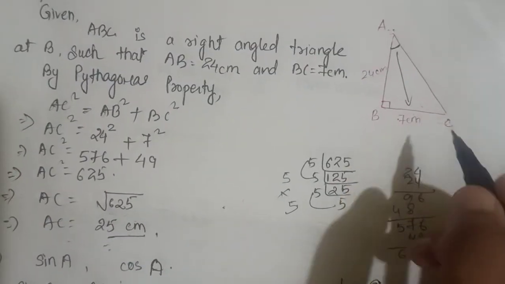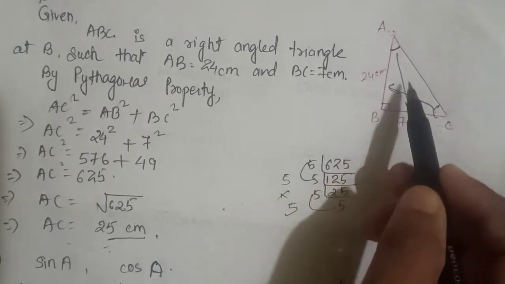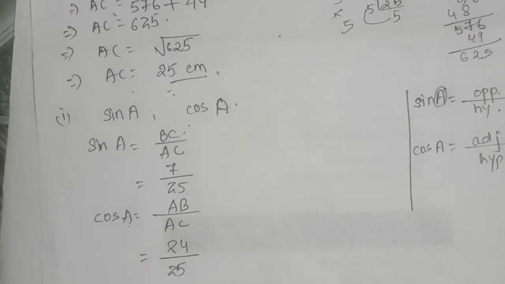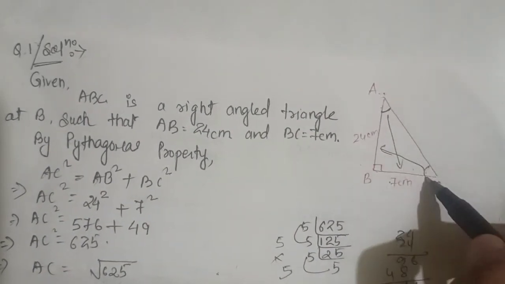From C, if we look from C, our opposite side will be AB. So let us write AB, and we need the hypotenuse. The hypotenuse is the same, that is AC.